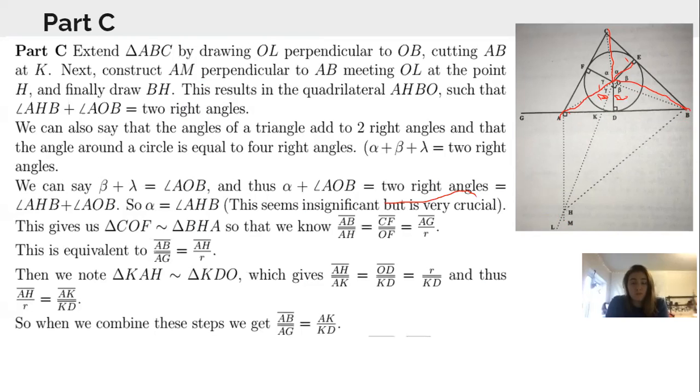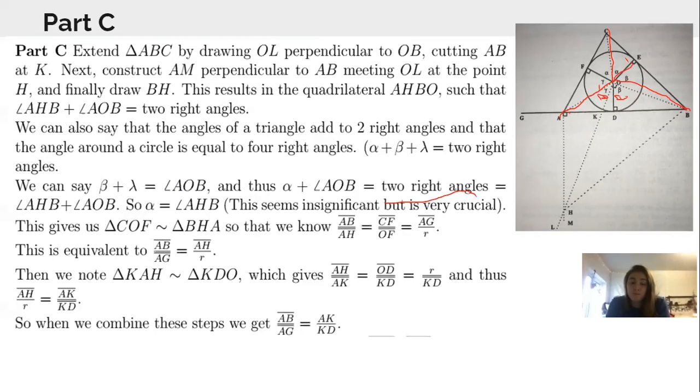We can see that because we have half of the circle. So the lambda plus the beta plus the alpha is going to be 180 degrees because it's half of the circle. So we can say that will equal two right angles. Okay.